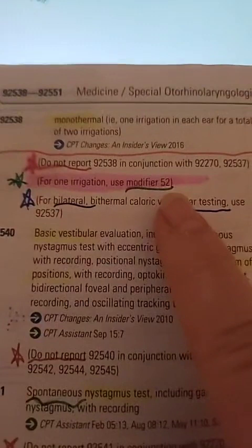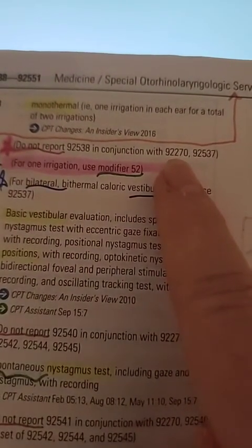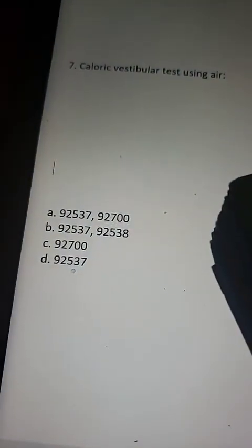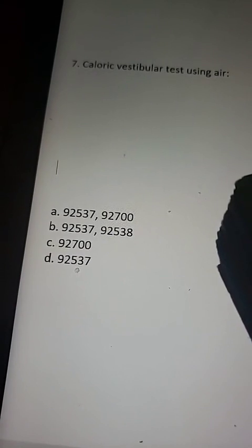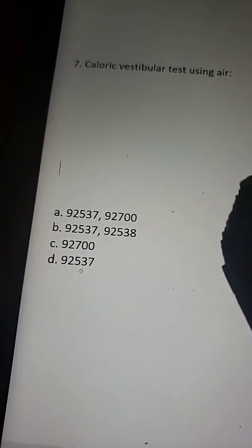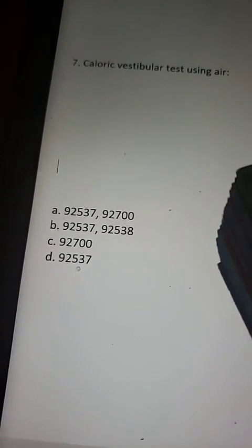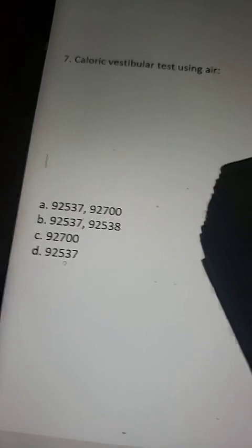Does it say that we're supposed to use it with it? No, it says don't use it together. So it says that A and B are not going to be your answer. So your only option is the 37 by itself or the 2700 by itself.